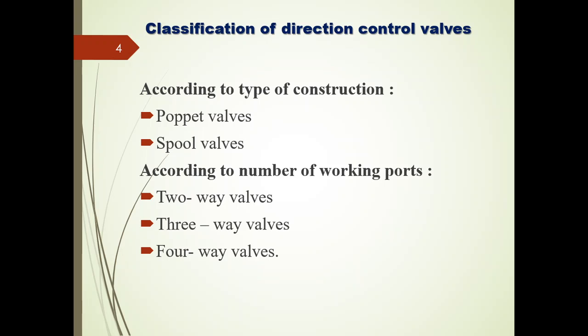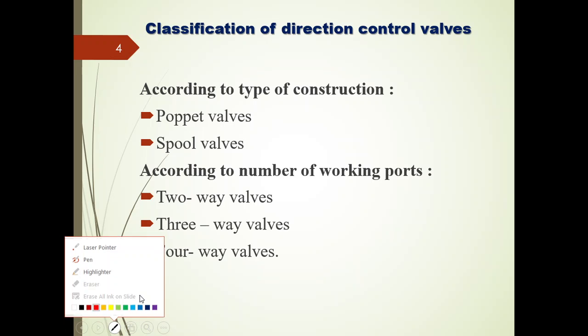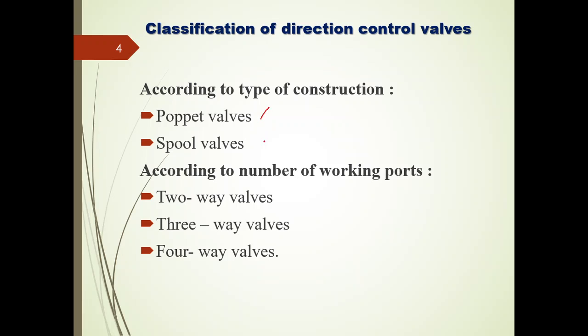The main classification in the case of direction control valves is, according to the type of construction, the poppet type of valve as well as the spool type of valve. These are the two classifications based on construction. Similarly, there is classification based on the number of working ports. I may use two-way, that means in each position I have only two ports.